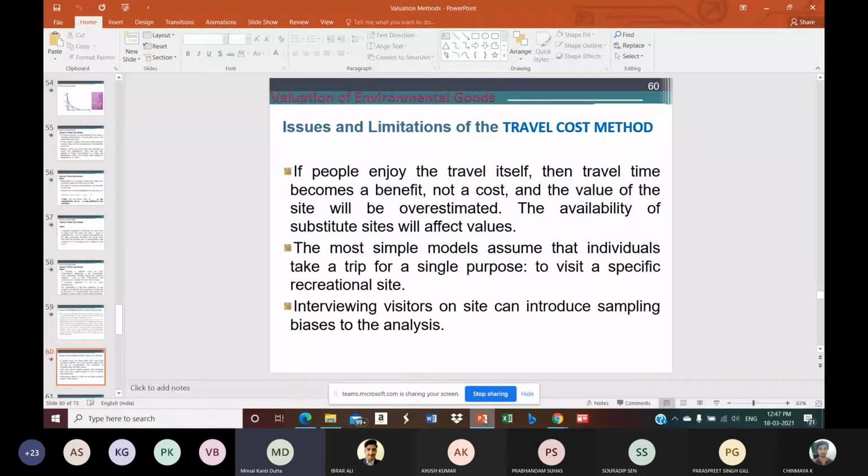In that case, it will be a biased sample, and the estimates based on the biased sample will not be truly representative of the population parameter. That is a problem associated not only with this but also with many other similar statistical exercises.